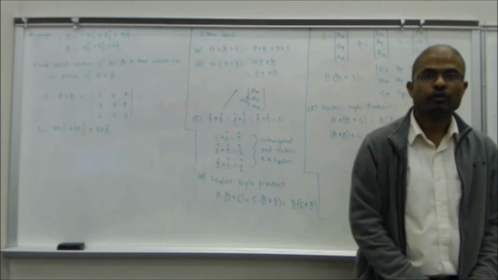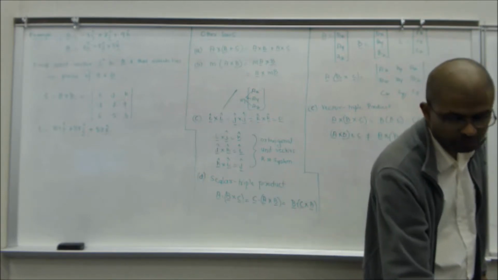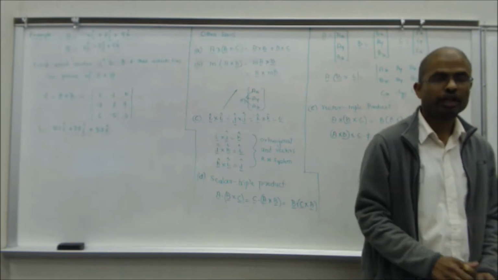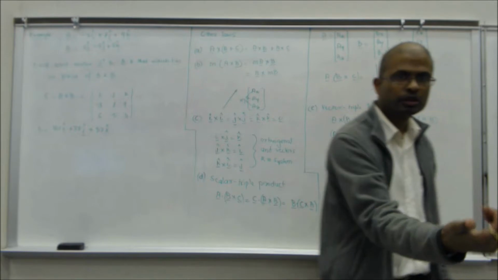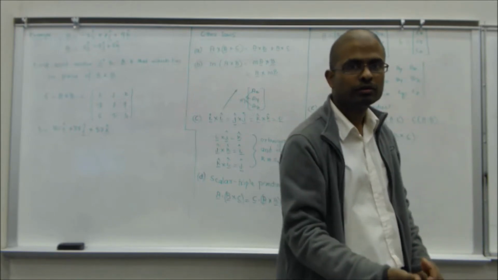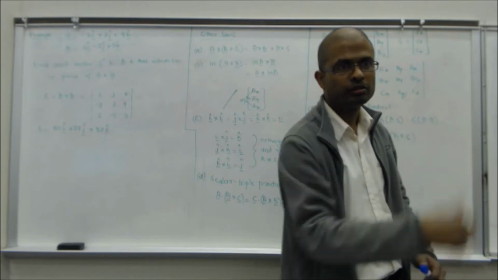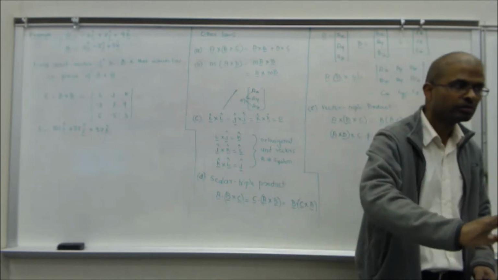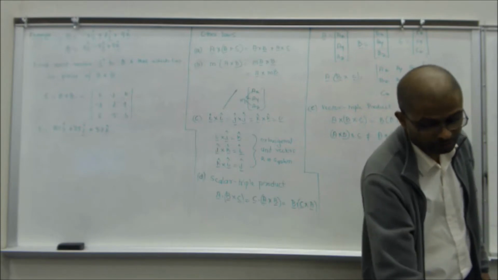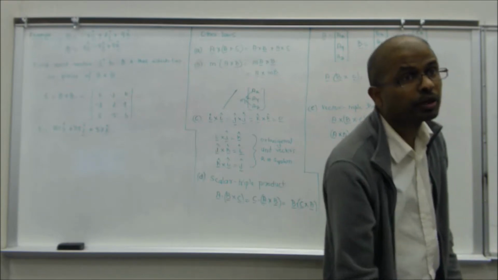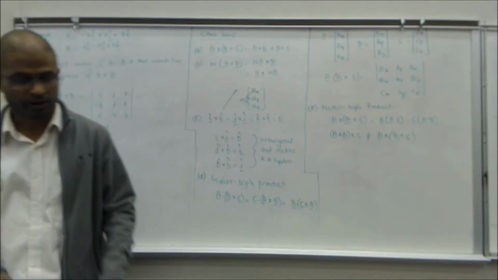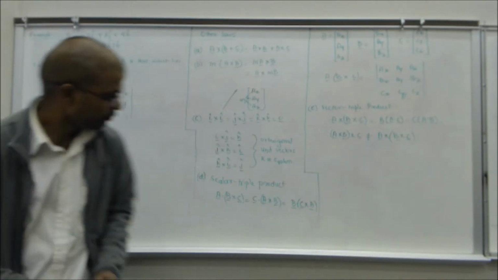C cross A would be this. Right hand rule. But incidentally both of them are perpendicular to A and B vector.